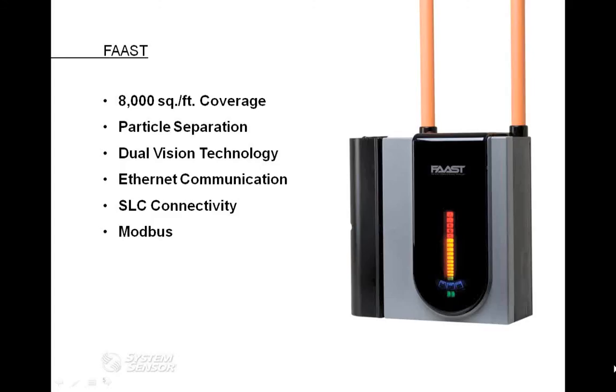A couple of other features that we've built into our FAAST aspirating smoke detector is some enhanced nuisance rejection capabilities. First is the particle separator. Now, the particle separator really enables FAAST to be deployed in applications that you would not necessarily deem traditional for aspirating smoke detectors, such as very dirty and dusty environments.